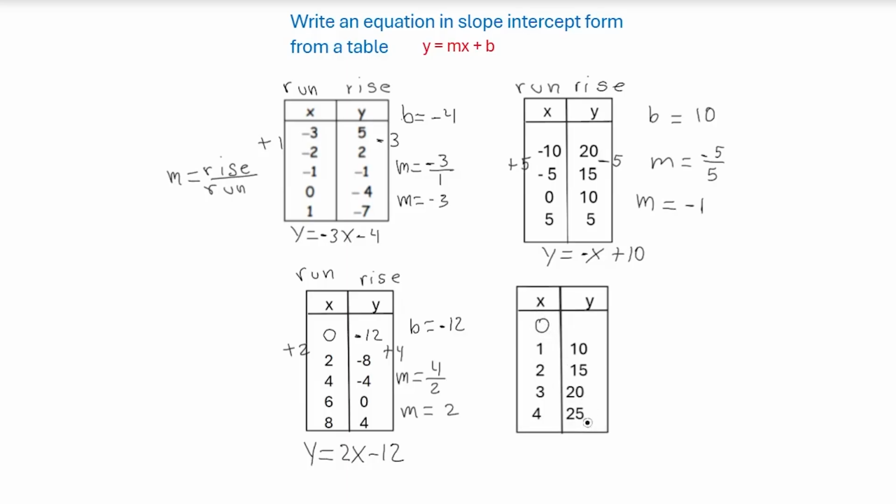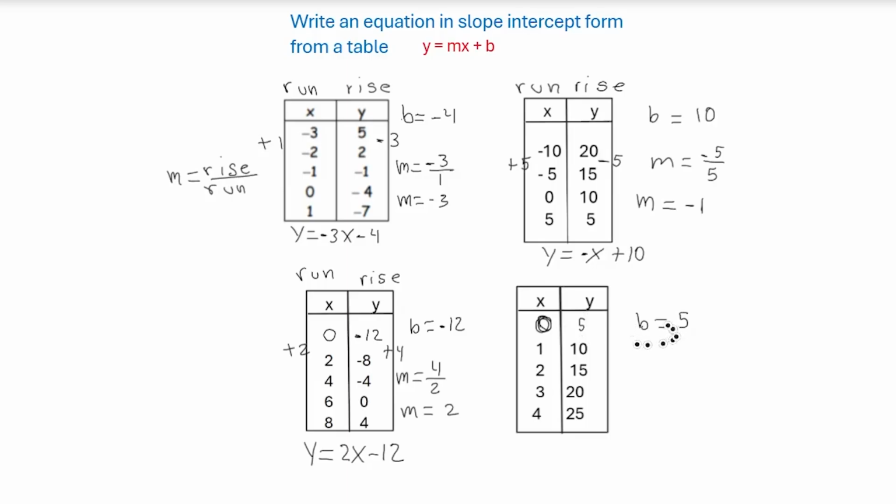And in this case, we're just going to go up, do the same thing. Look, 25, 20, 15, that would be 10. So the next number should be 5. It's going up by 5s. Now, x equals 0, so then b equals positive 5 in this case.